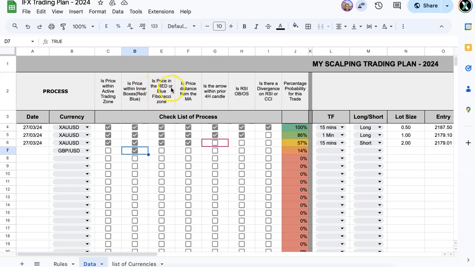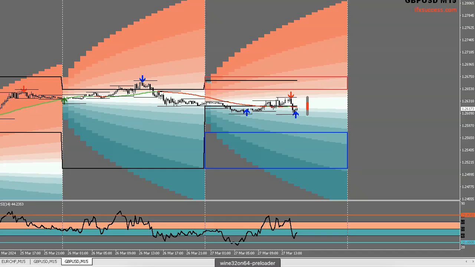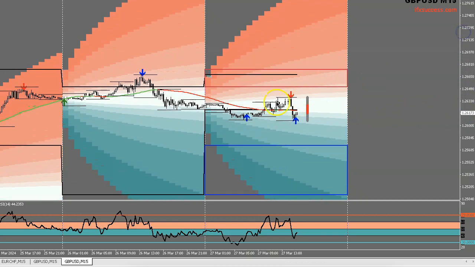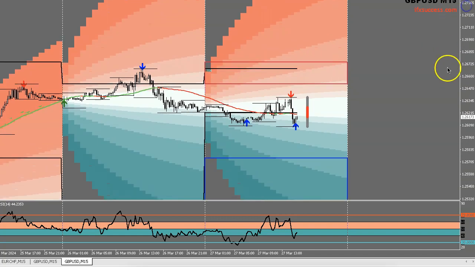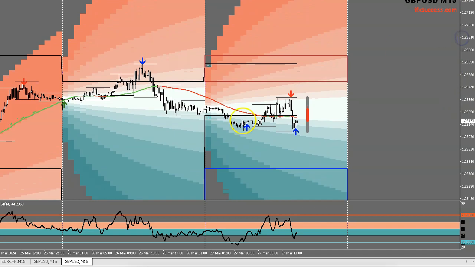Is price in the red or blue zones, okay? So right here, currently, yes. If we want to buy, we preferably want to buy within the green zones, right? It's best not to buy within the white area because we don't know if the pullback is going to be strong enough. And we only want to sell also when price gets closer to the red zones, right? Those are better entries. So, for example, let's just say you got a sell entry in the white area.